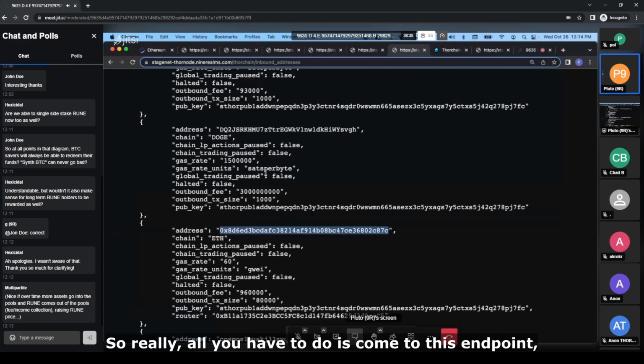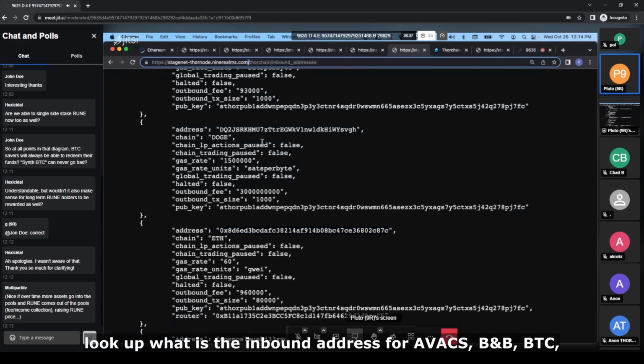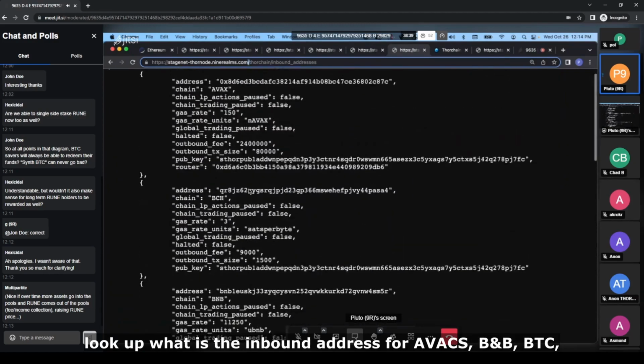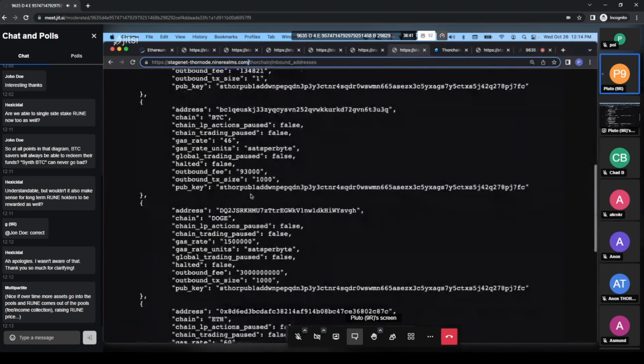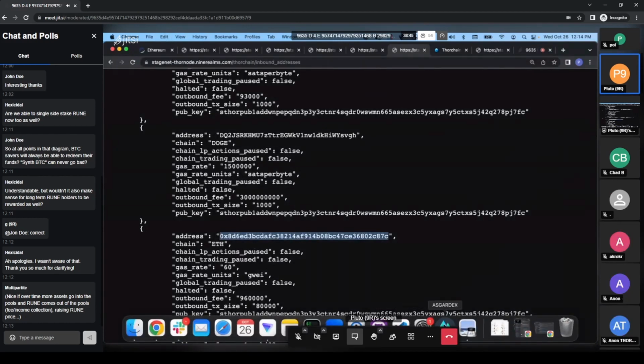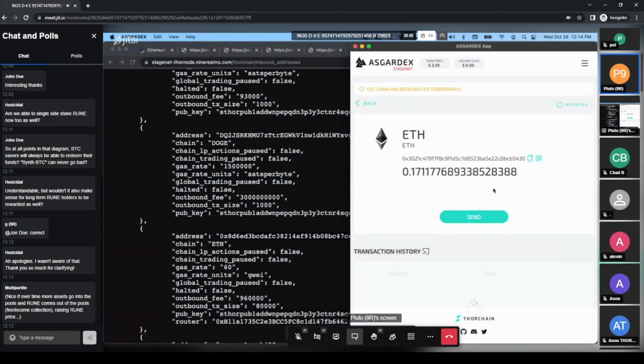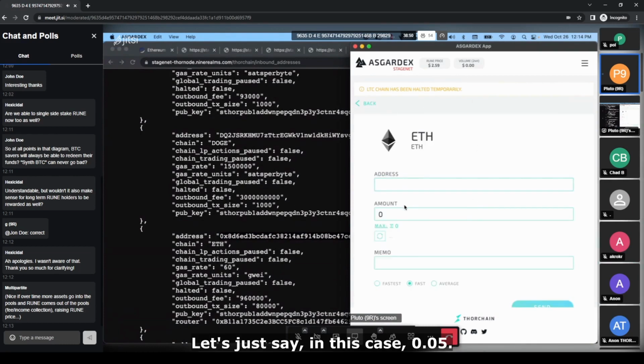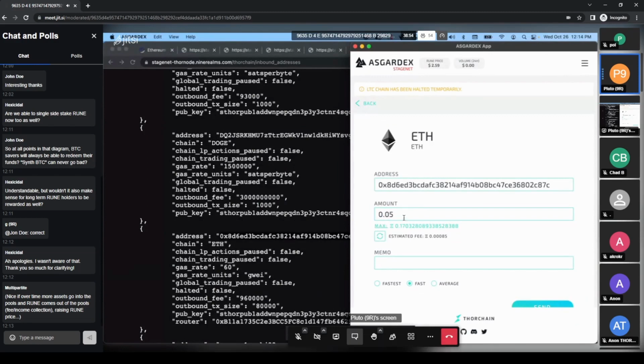So really all you have to do is come to this endpoint, look up the inbound address for AVAX, BNB, BTC, and then just send to that address however much ETH you want. Let's just say in this case 0.05.